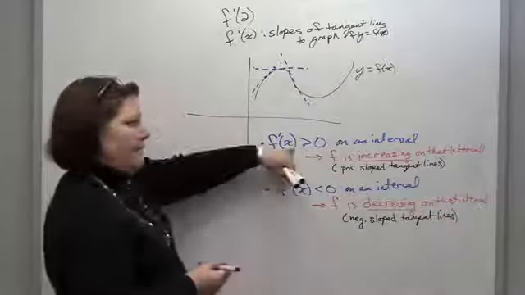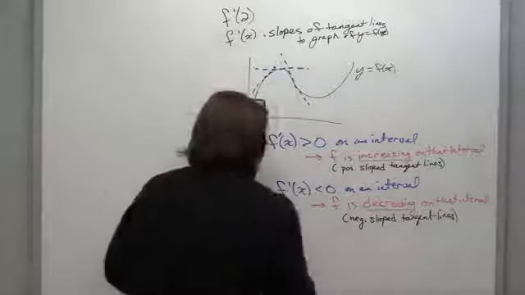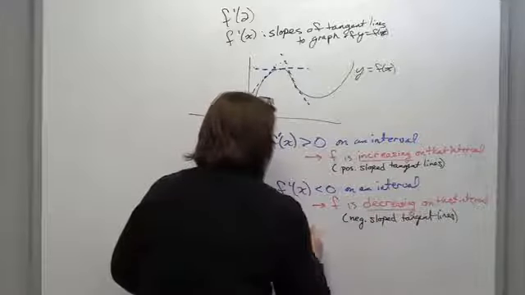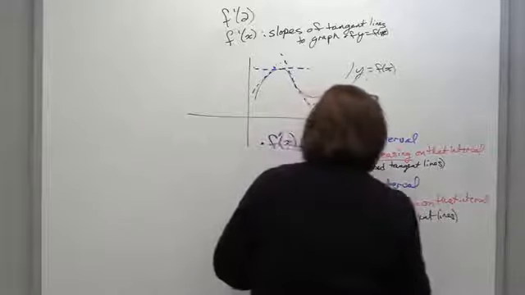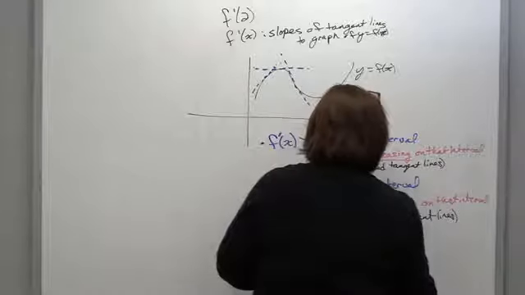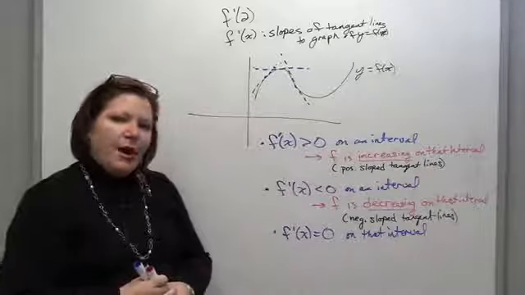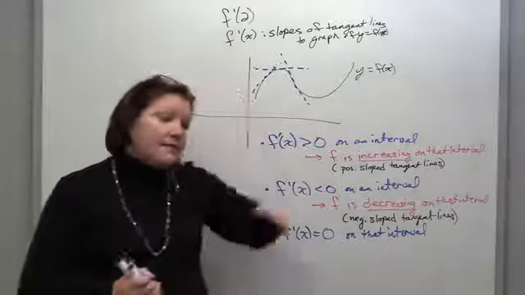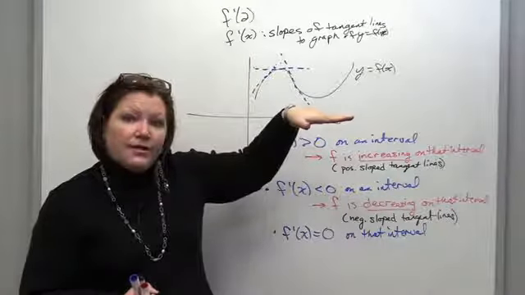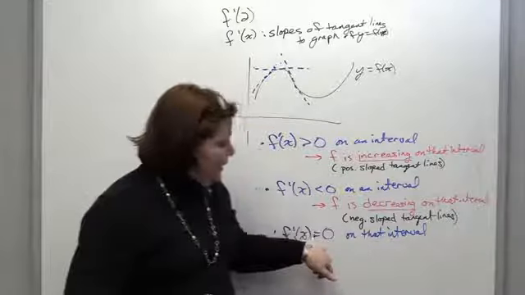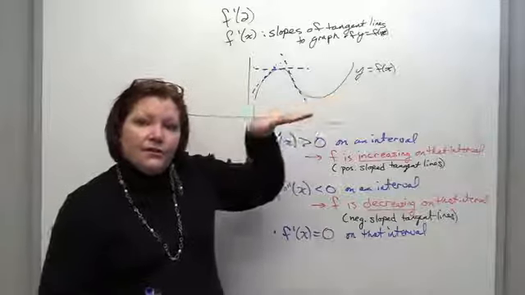Okay, so we have greater than 0, we have less than 0. What's left? When f prime of x equals 0 on that interval, that means the slope of the tangent line is 0. We have a horizontal tangent line. And if it's equal to 0 on that whole interval, that means we've plateaued, so to speak.